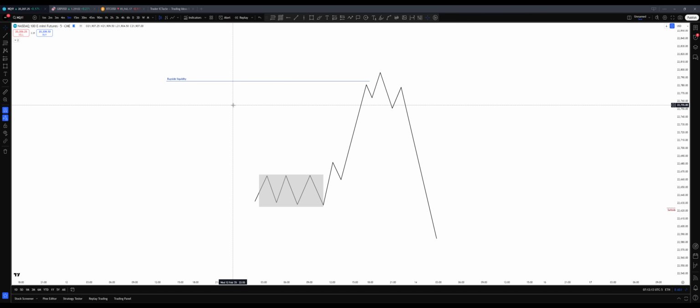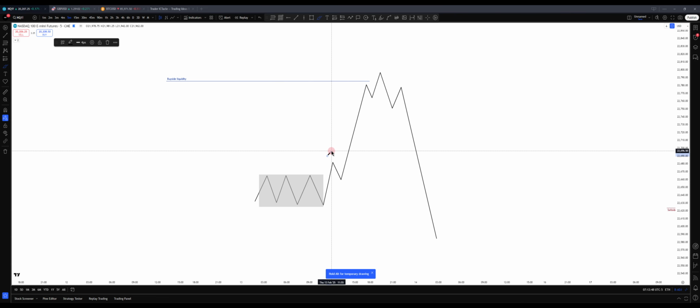All right, so I want you to note that a manipulation move is most of the time, 99% of the time, very quick and with speed. Why? Because it affects the psychological factor of a trader, that they get this feeling of missing the opportunity or missing the move. Whenever you get this feeling of missing a move, that's the manipulation move.